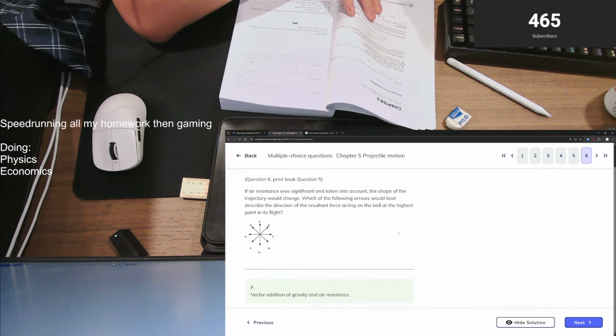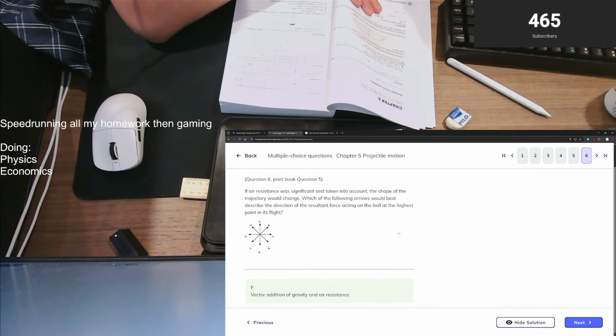Oh wait, that's related to this question. Bruh. If air resistance was significant, taken into account, shape of trajectory would change. The following arrows best describe the resultant force.